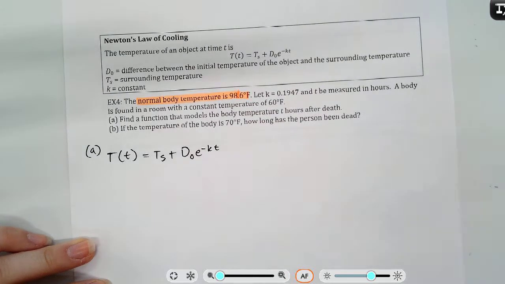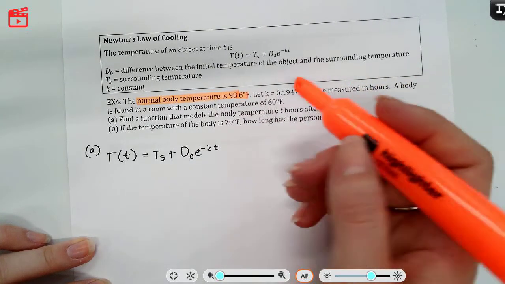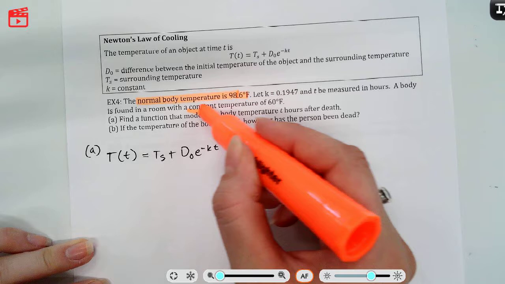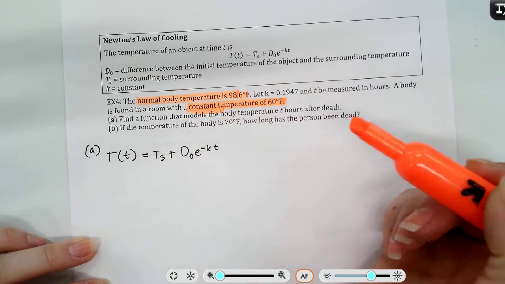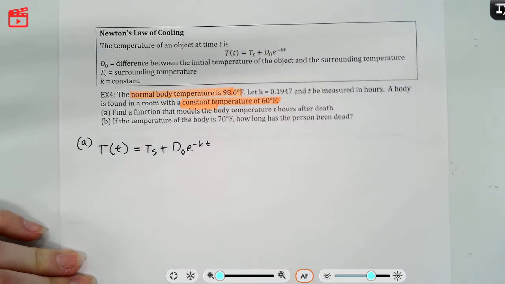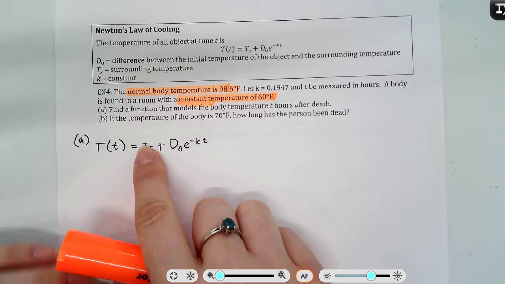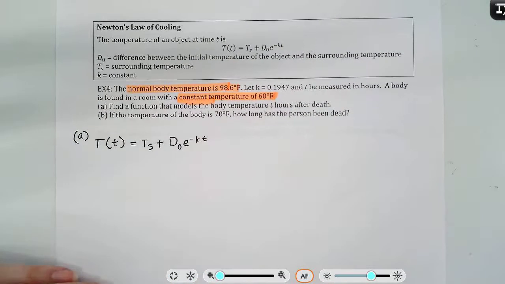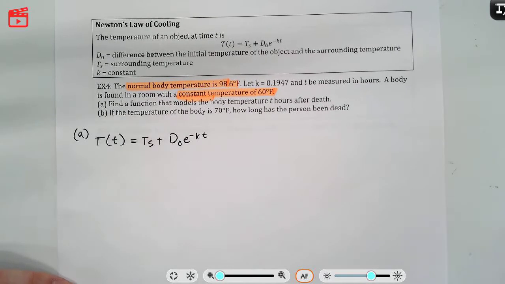And let's see. The room has a constant temperature of 60 degrees Fahrenheit. All right. Well, I know T sub S is supposed to be the surrounding temperature, so I can replace that with 60.